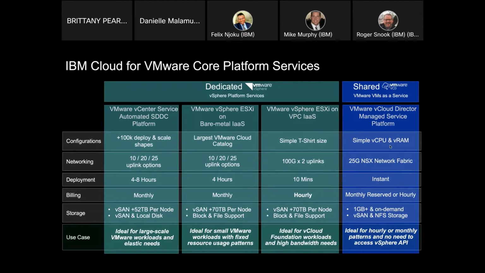It's also a great solution for disaster recovery because you can get these virtual machines on demand as you need them, but you only pay for them if you're using them. So you can set up an environment where you have either VMware on-premise or the last one we're going to talk about, VMware dedicated, and it's sending its backups and replicating your virtual machines into VMware Shared, but you're not paying for any of those resources because you're not using them.